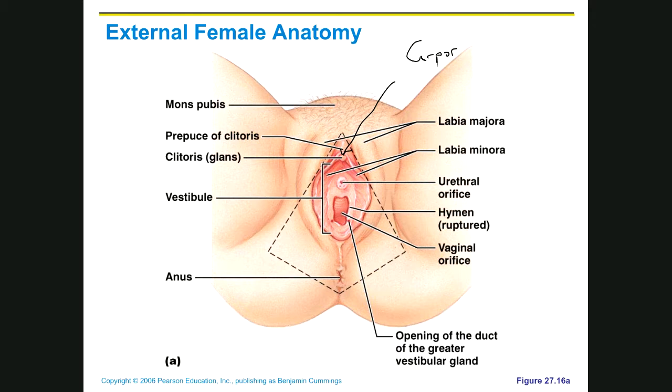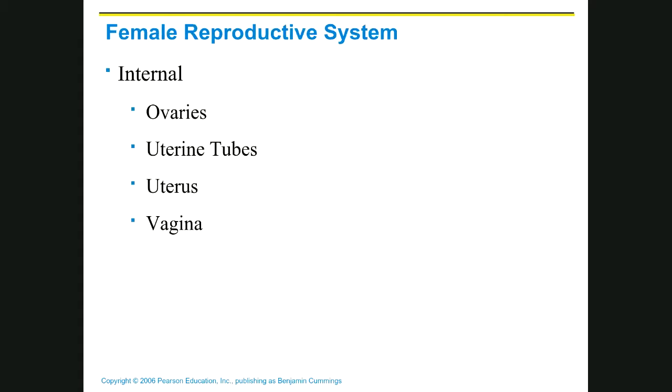Well, this clitoris also has corpora cavernosa, just like before. And remember, we said that there's a glans penis. Well, this also has a glans clitoris. And then remember, there was a prepuce which covered up the glans. Well, there's also a prepuce here. And so these two organs are very, very similar.